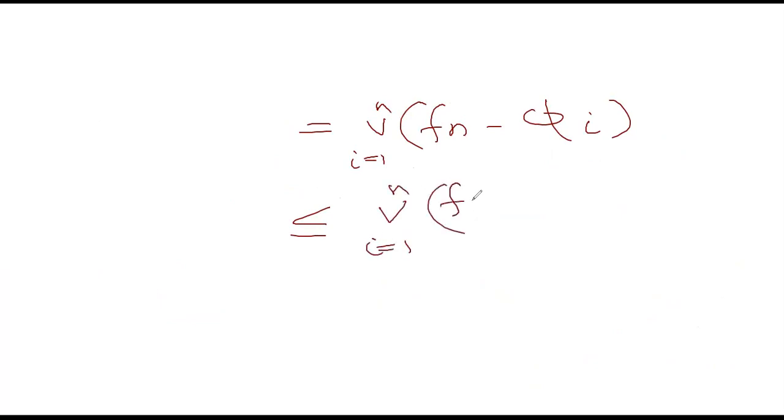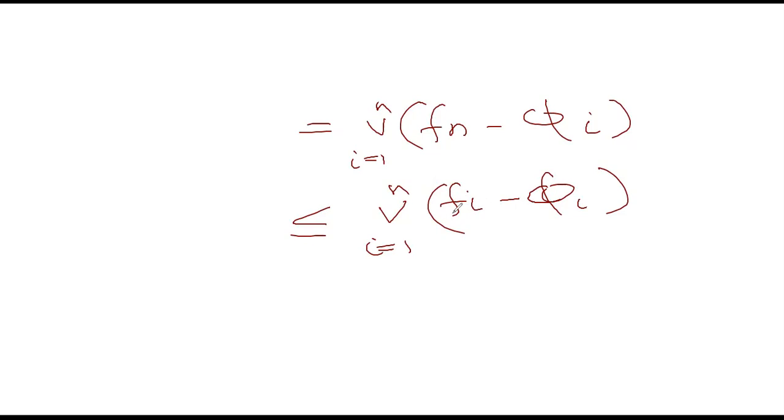So basically, if I replace fn by fi, one of the terms in this join is fn minus φi also. So obviously it's less than or equal. You are taking the join of f1 minus φ1, f2 minus φ2, and so on. Here you have the join of fn minus φ1, fn minus φ2, up to fn minus φn, and it includes fn minus φn also.